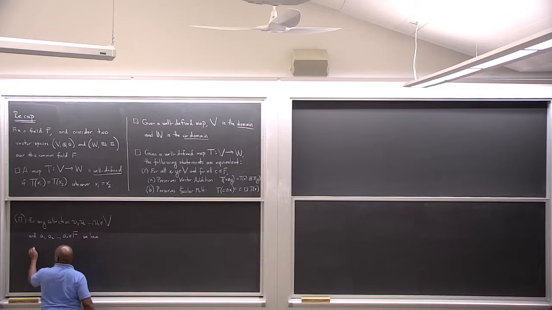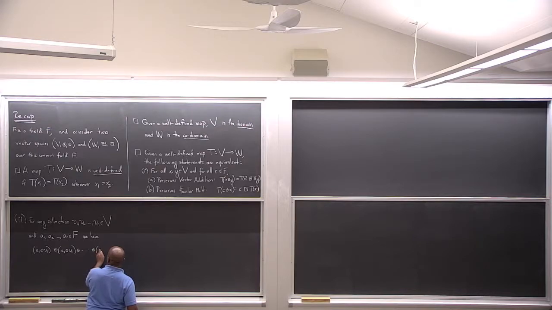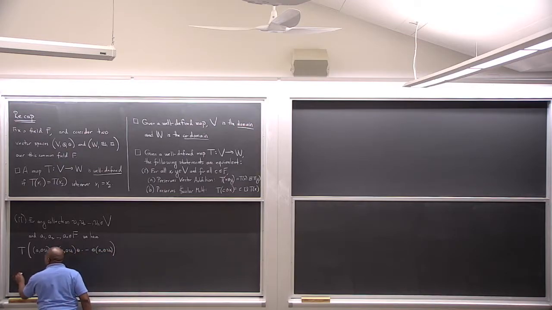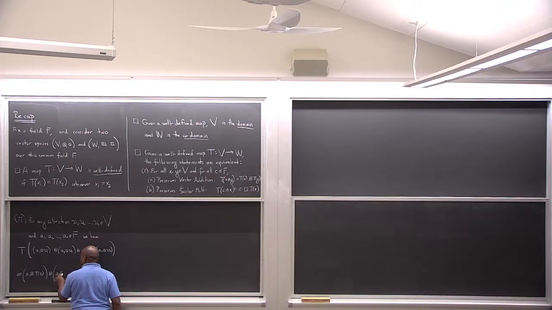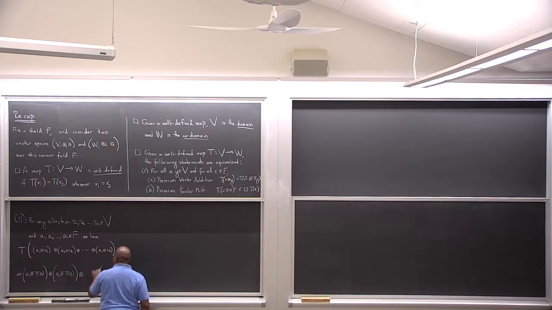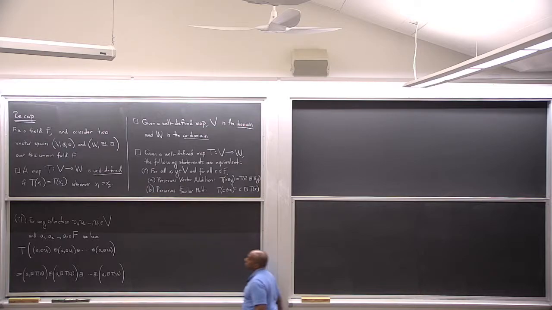So if I were to take a look at a linear combination of elements in V, and then apply T to that, then I should get back a corresponding linear combination of elements in W. So again, these two statements here are equivalent.